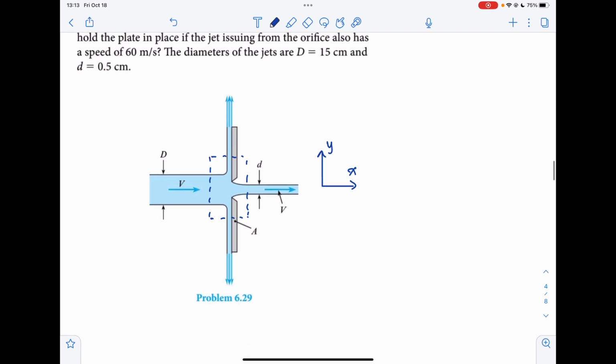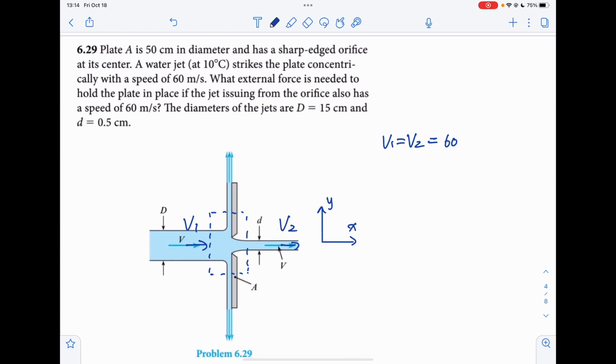So we'll say this is V1, this is V2, and V1 equals V2 equals 60 meters per second. The uppercase diameter D equals 15 centimeters, which is 0.15 meter, and lowercase d equals 0.5 centimeter, which is 0.005 meters.